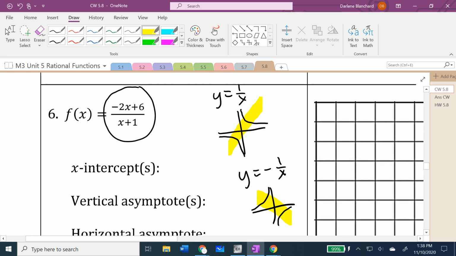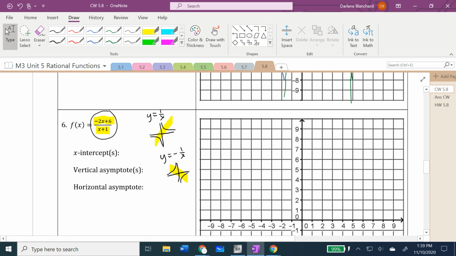And you are guaranteed that if you have at most degree 1 on top and you have a degree 1 on the bottom, you will get somebody who is a child of this parent. And that means you have one vertical asymptote, one horizontal asymptote, and the graph exists in a pair of opposite corners every single time. And once you realize that, it can save you a lot of time with these.